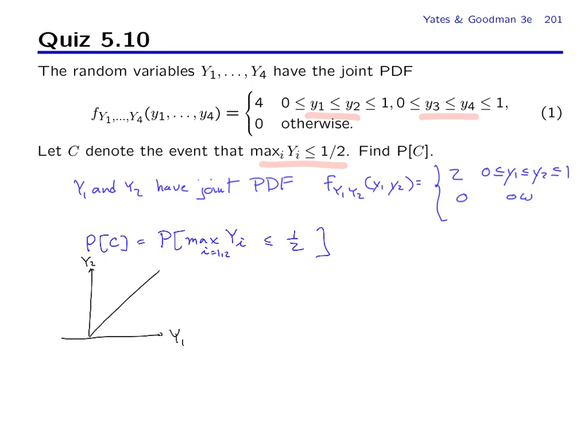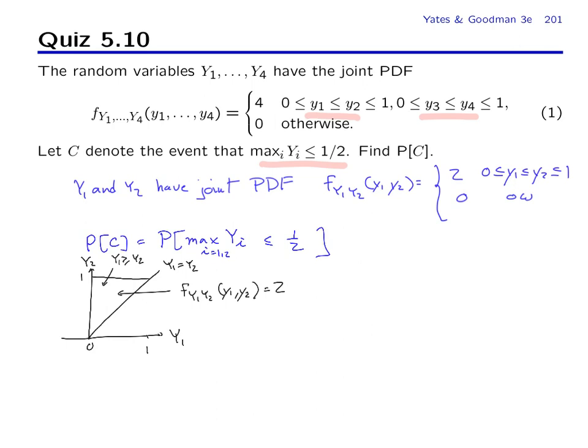We identify the line where y1 equals y2, and observe there's this upper triangular region, with corner points (0, 1) and (1, 1). This triangular region is exactly where the joint PDF of y1 and y2 is equal to 2, and outside this region, the PDF is 0.